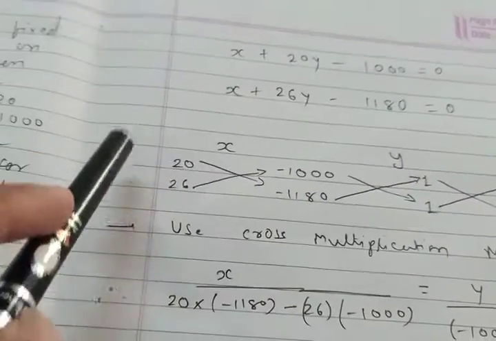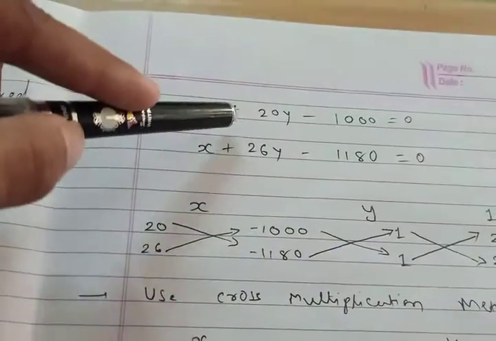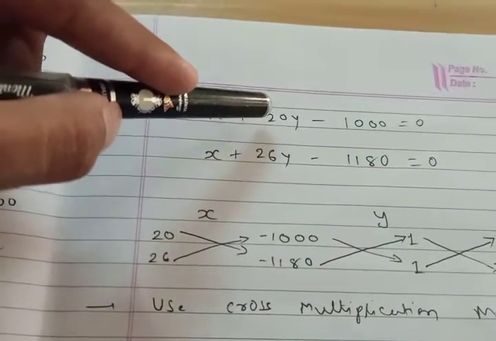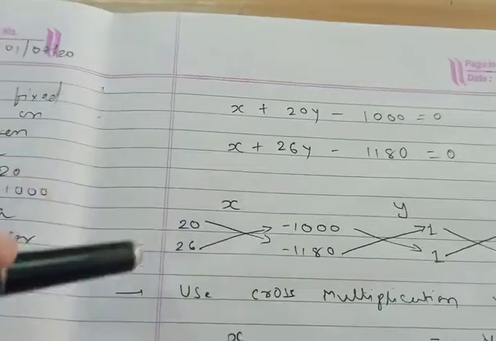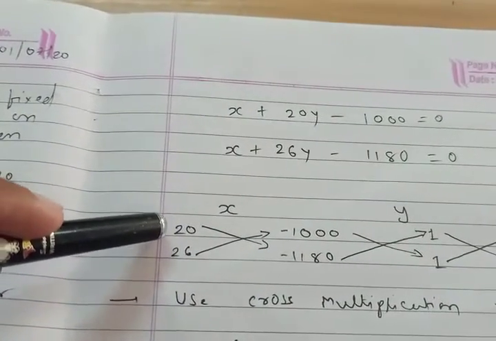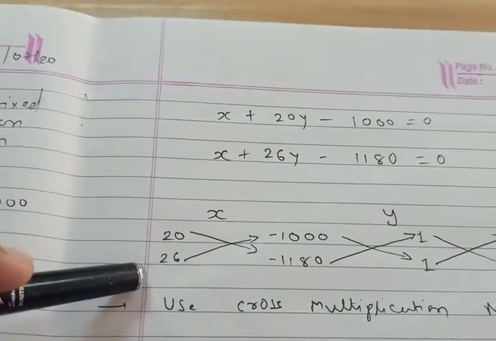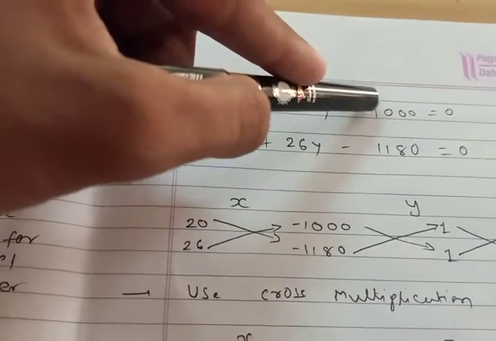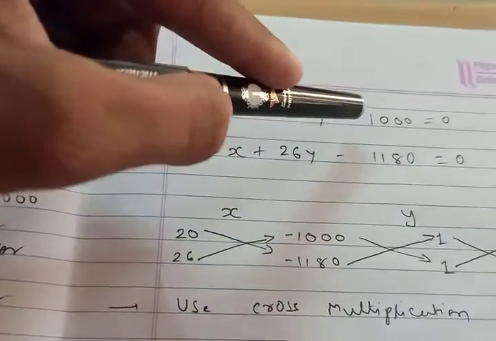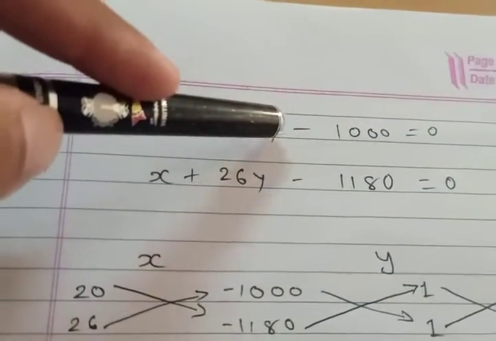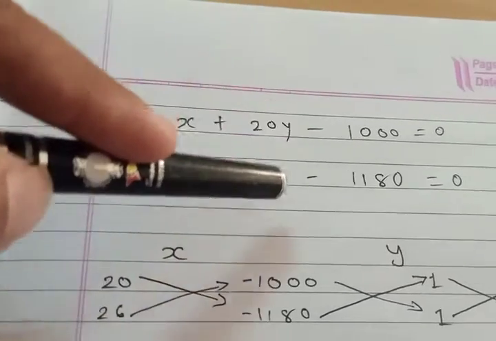Now as in the previous lecture, the coefficients of y are put as they are, that is 20 and 26, and after that put the constant terms, that is negative 1000 and negative 1180.